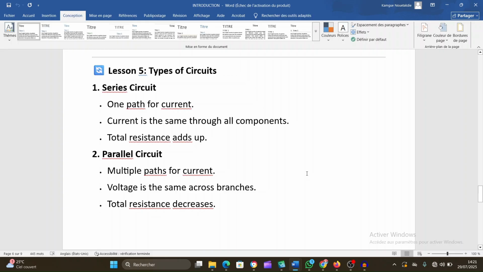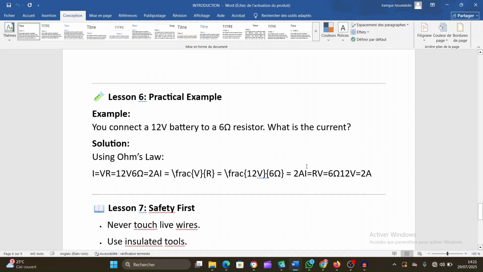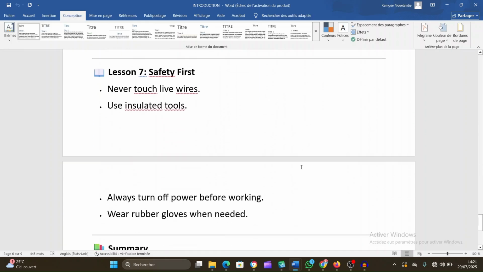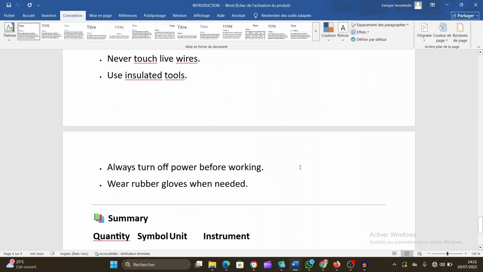So as a summary, we want to talk about the quantity, the symbol, the units, and the instrument. Remember, when we talk about quantities, we mentioned four of them. Yes, we talk about voltage, current, resistance, and power.